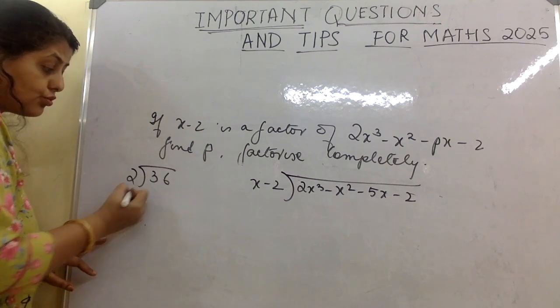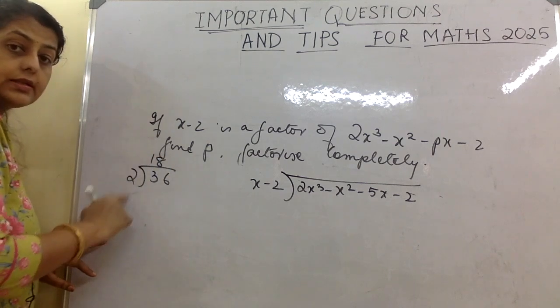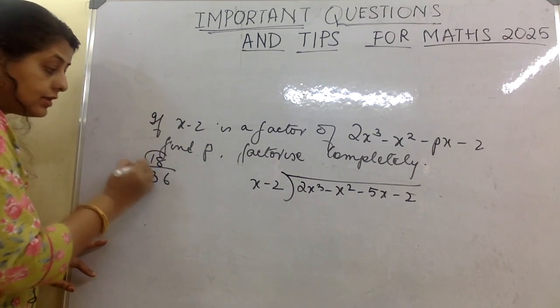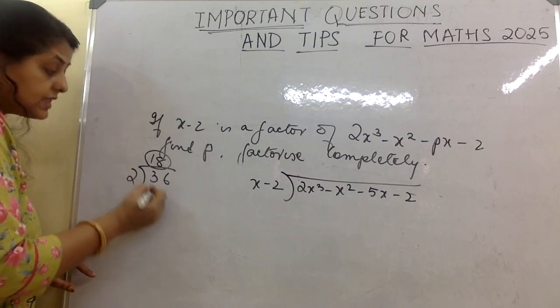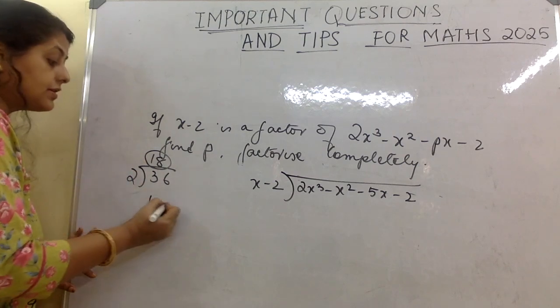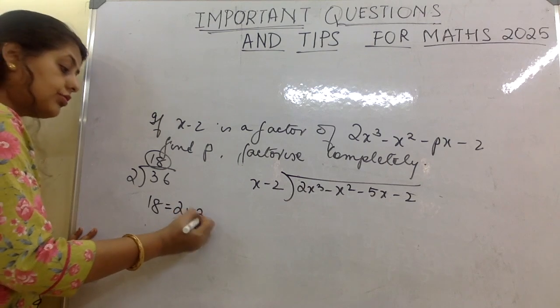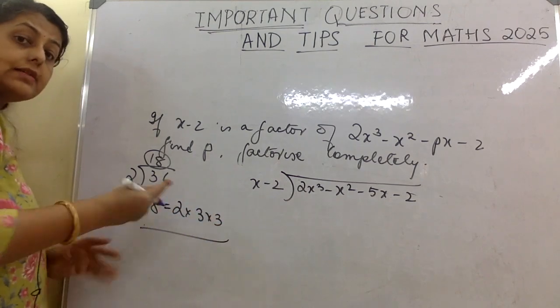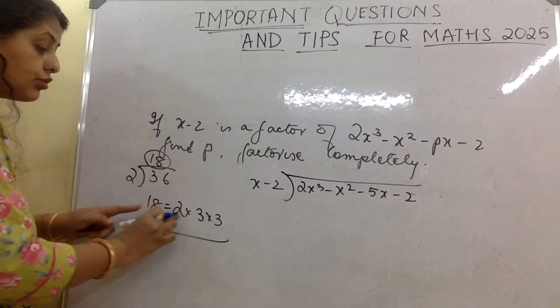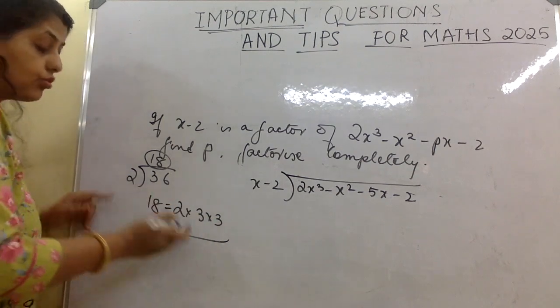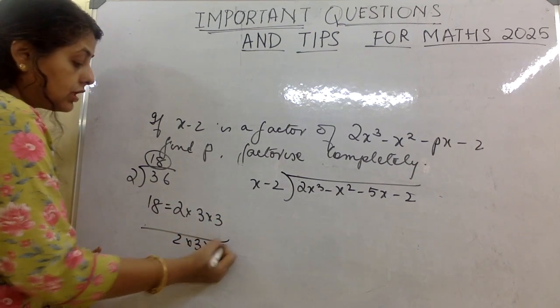So once you know 2 is a factor, then we will divide. Here you get another factor, which will be further split into 2 into 3 into 3 probably. Then it is complete factorization. So 2 into 3 into 3 with that 2.